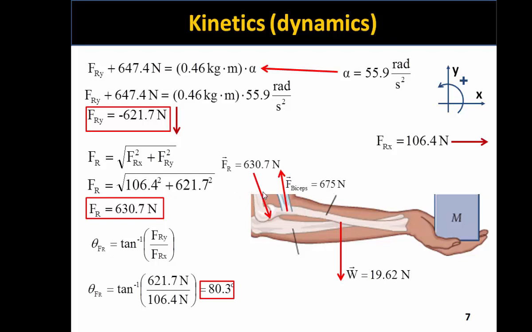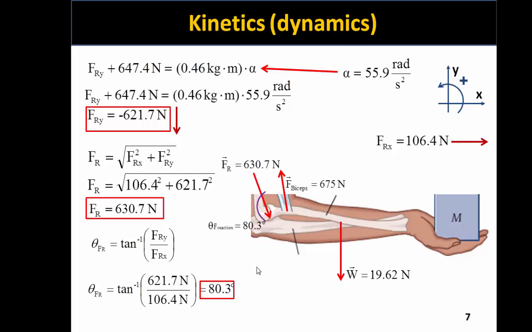A vector that's almost the same length. This one actually looks a little bit longer than this one here. I should have drawn this one a little bit shorter, but we're not going to split hairs at this point. But we give it the label of 630.7 newtons for its magnitude, with an angle from the horizon of 80.3 degrees. Now, this would be the final answer.